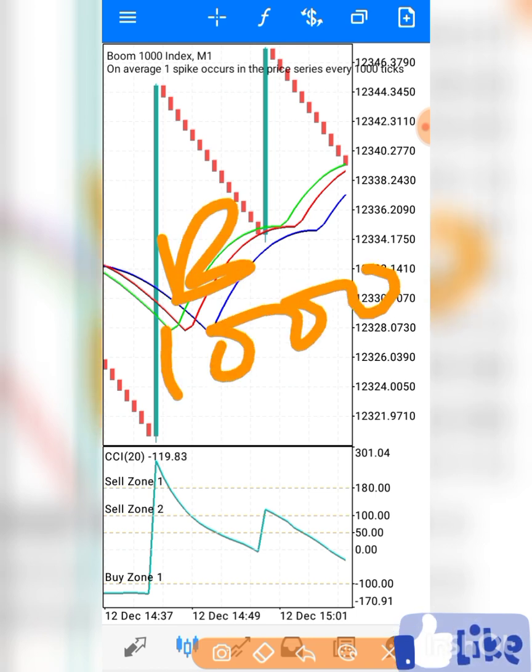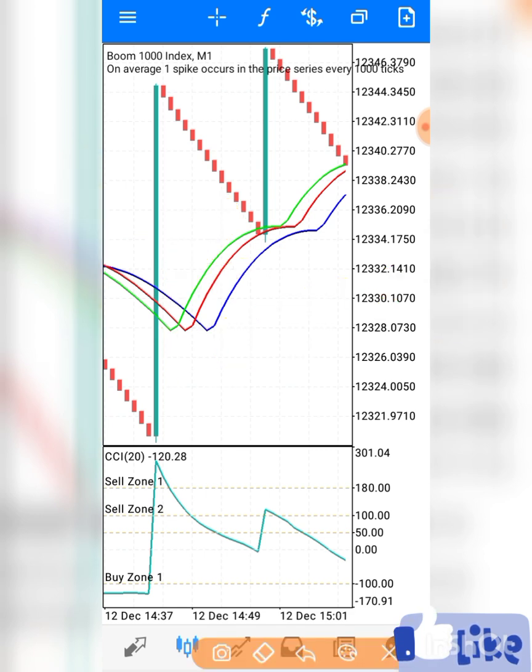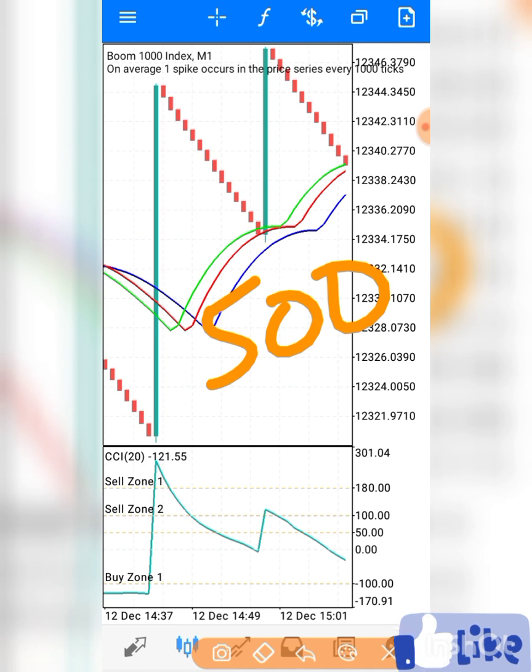For scalping, if you are catching spikes, then you look at the 500s, because the 500s are good for catching spikes. If you are catching spikes and you focus on boom 500 crash 500, you make a lot of money. And if you are scalping, you focus on the boom 1,000 and crash 1,000. So this strategy is good for boom 1,000 and crash 1,000.